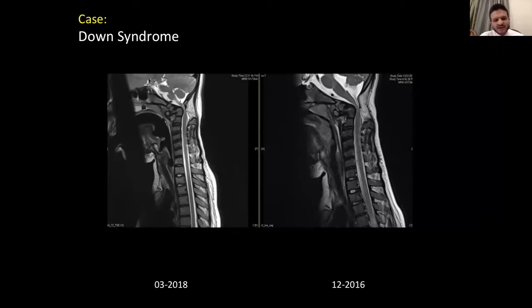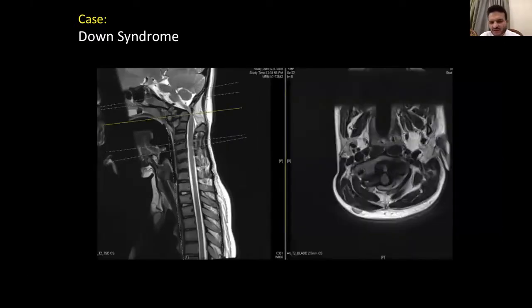And there's another issue with this patient, which is access to care, because she was seen but not able to access a surgical facility that could handle this kind of situation. You can see the axial image at that level, a very narrow and squished cord with an area of whitening within the cord.